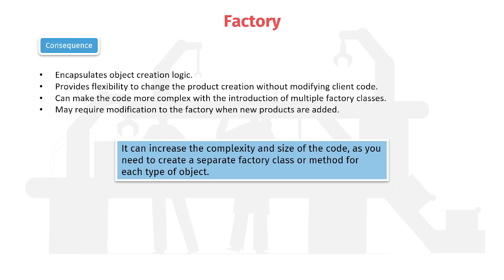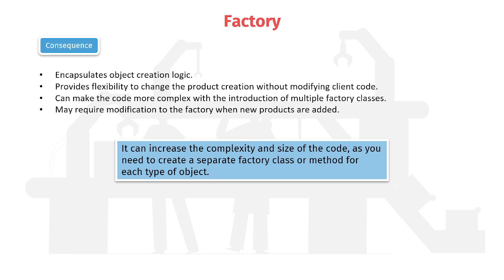After implementing it, we have encapsulated the object creation logic. Nobody can see how the objects are created, because we have encapsulated it in the factory method, and it provides the flexibility to change product creation without modifying client code.